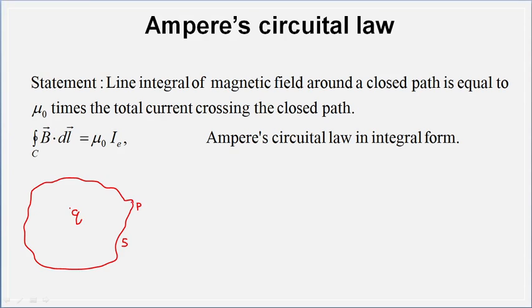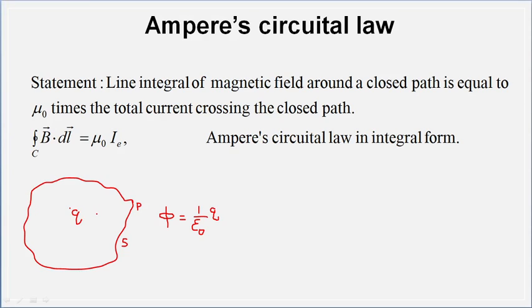Then, according to Gauss's law, the flux over this closed surface is equal to 1 upon epsilon 0, where epsilon 0 is the permittivity, times the charge which is enclosed. Now, where is the charge?